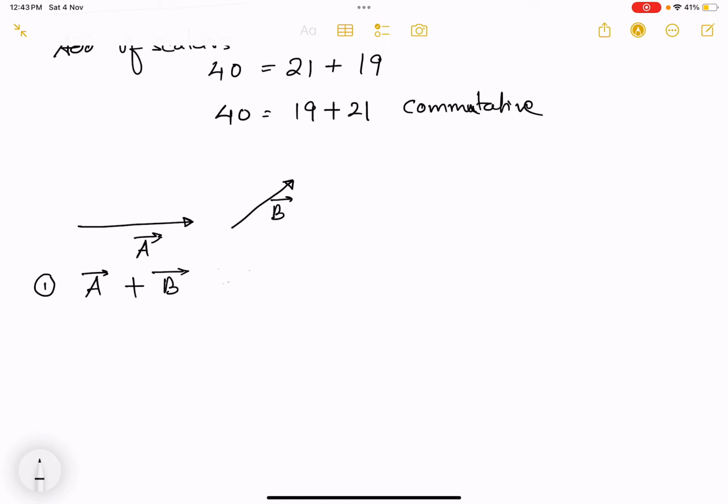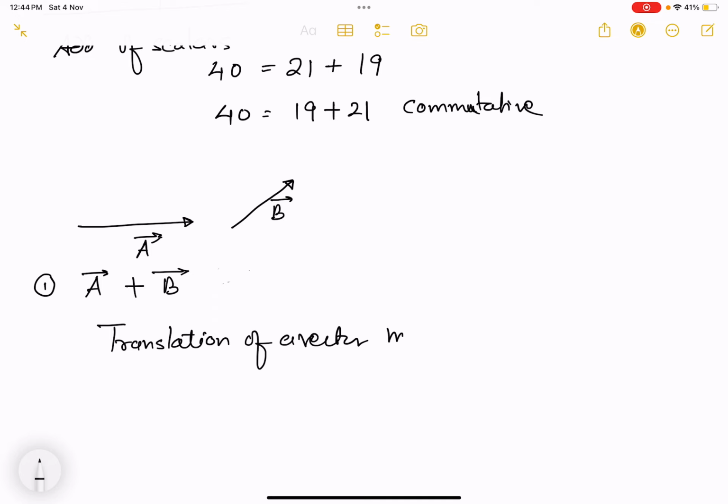So I need to drag A to a suitable position. Okay. How do I drag A? How do I move A from here? We call it translating a vector. Translation of a vector. What is translation of a vector?